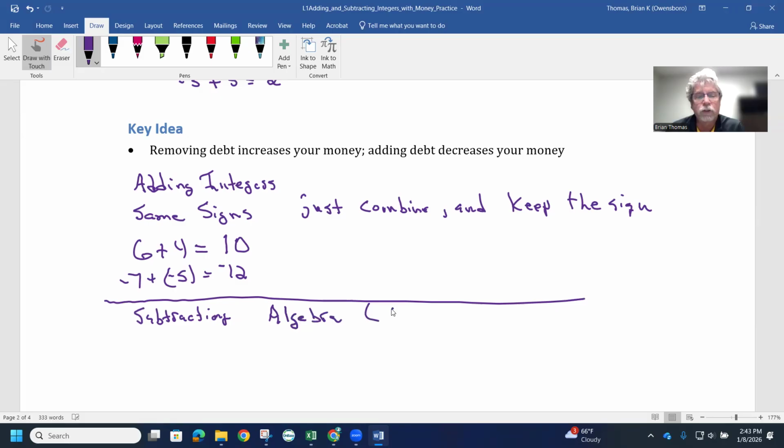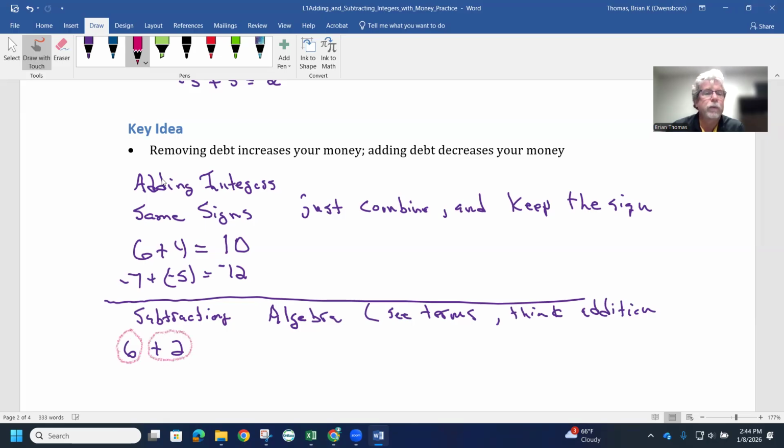We start to see what we call terms, and when we see terms, we want to think of this as addition. So if I have 6 plus 2, a lot of times I'll use what's called the circle method. My terms are a 6 and a positive 2.